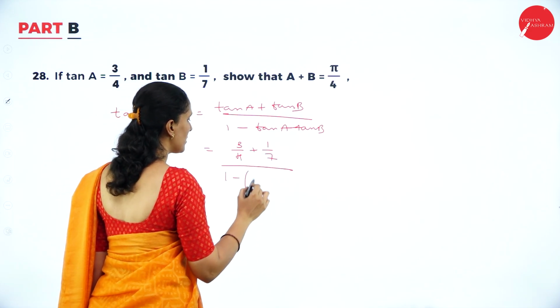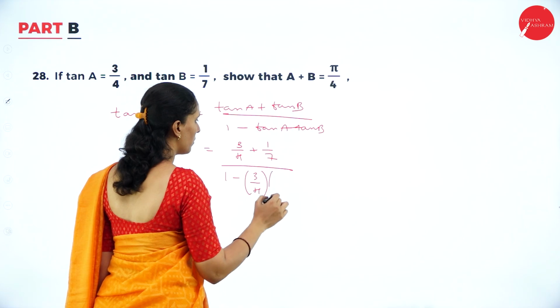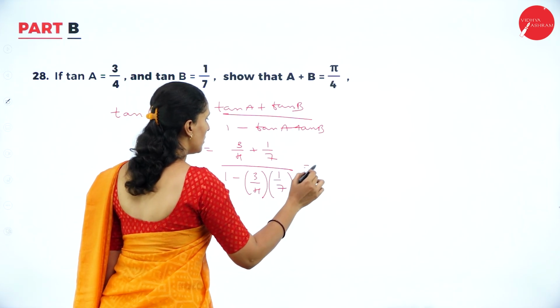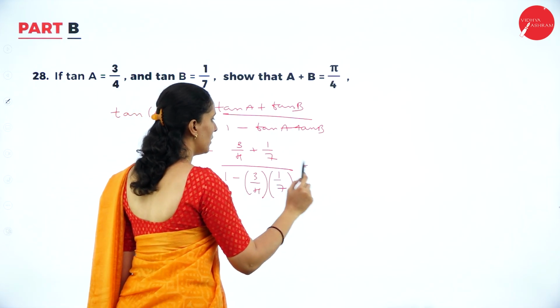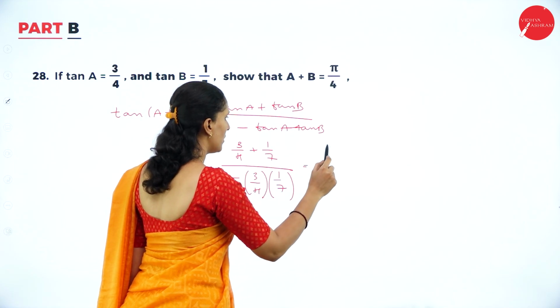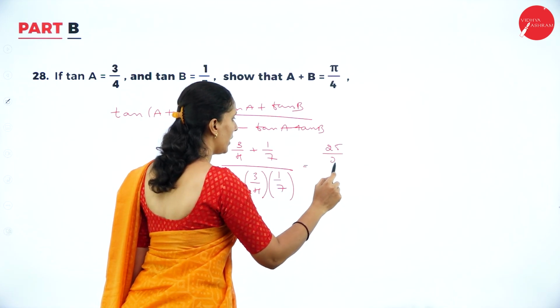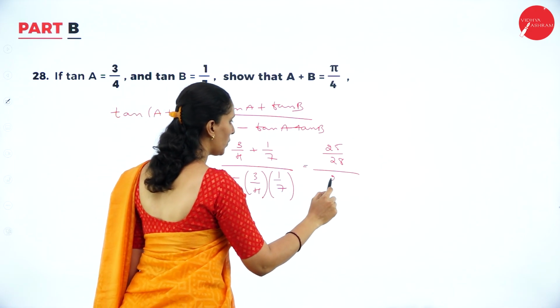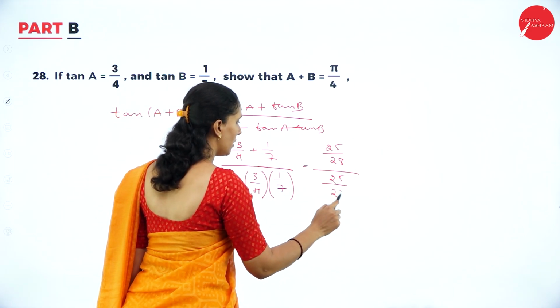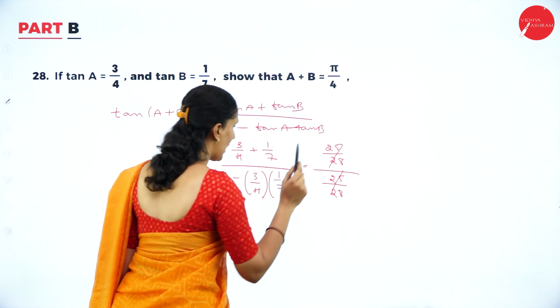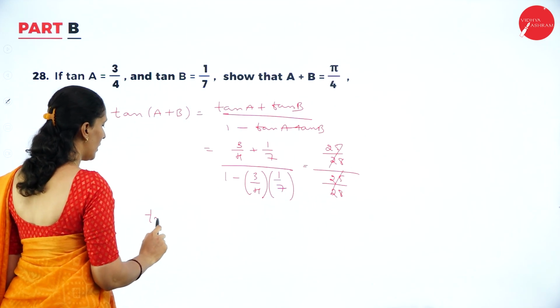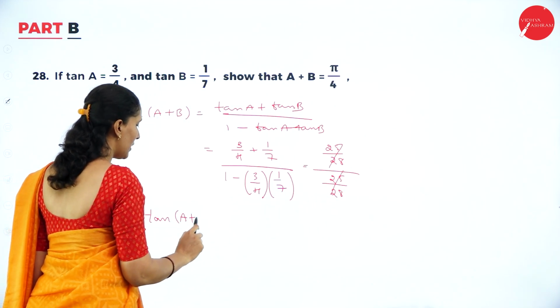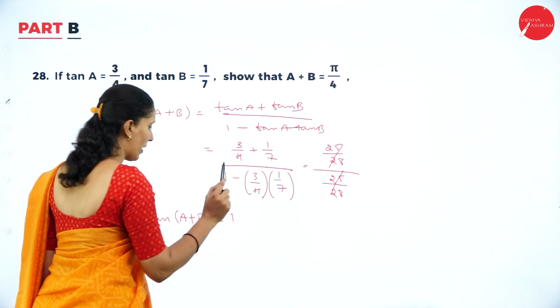So 1 minus 3 by 4 into 1 by 7. On solving this here, we will get 25 by 28 in the numerator as well as 28 minus 3, again 25 by 28 in the denominator. So it cancels and tan a plus b will be equal to 1.